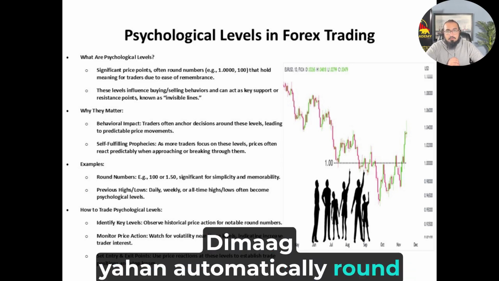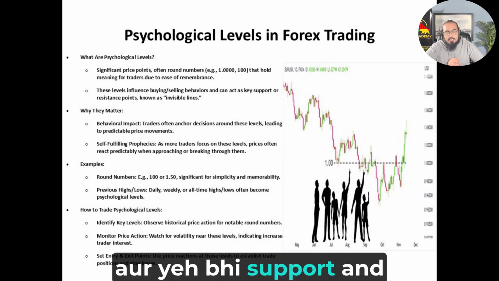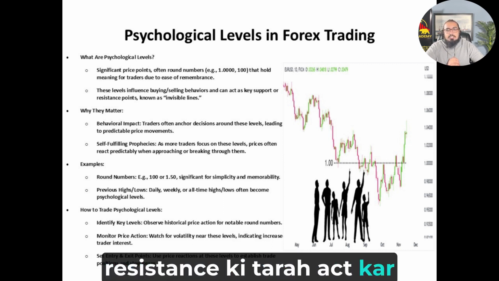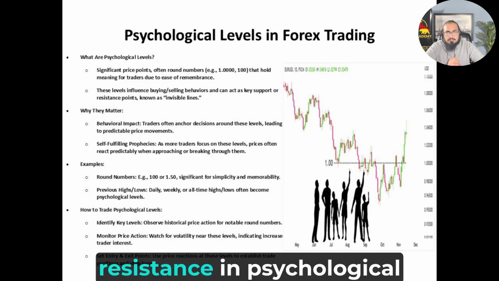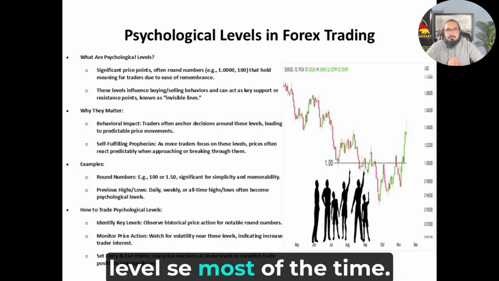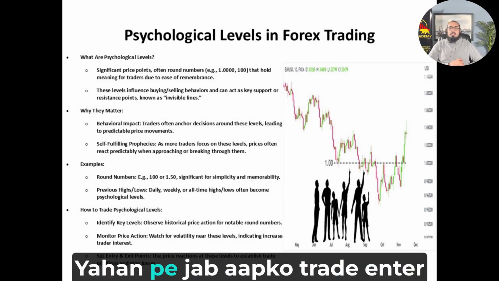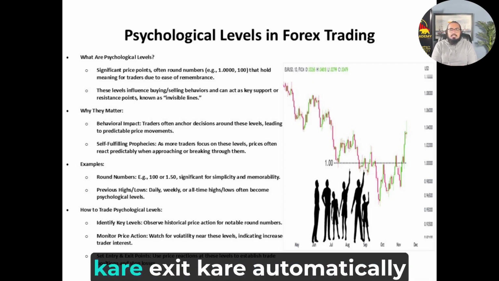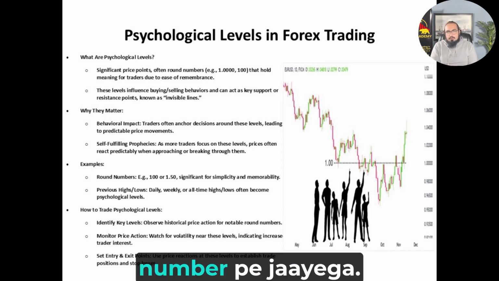The mind automatically remembers round numbers. And this can also add to support and resistance. Most of the time, when you look, support and resistance often match with psychological levels. Why? When you're entering a trade, when you exit, automatically your mind will go to round numbers.